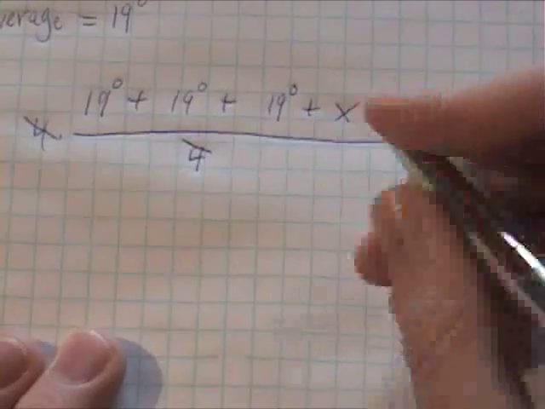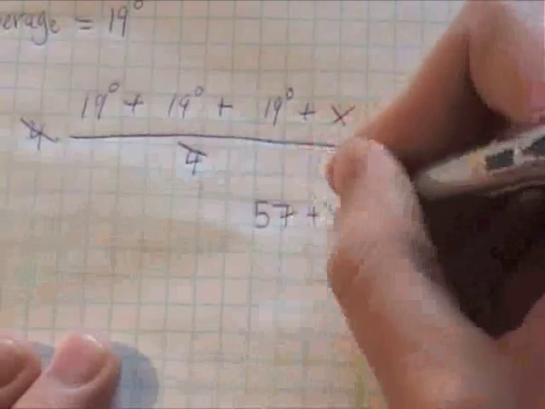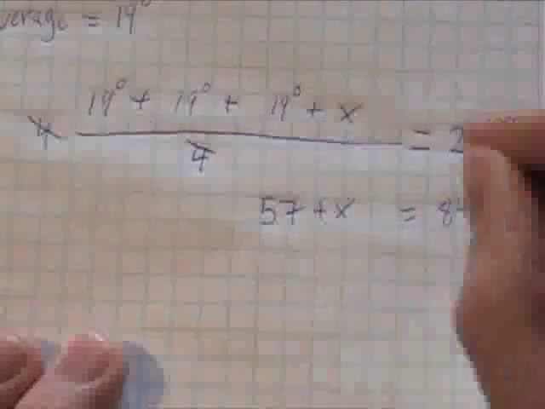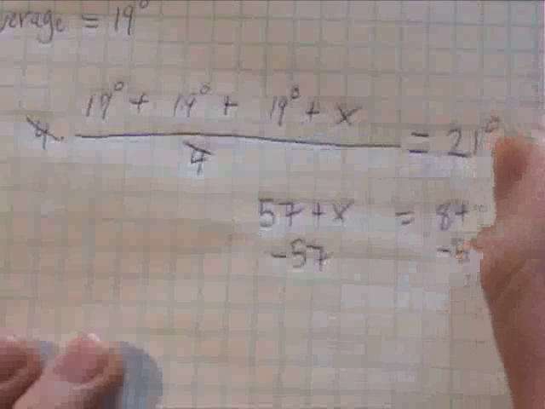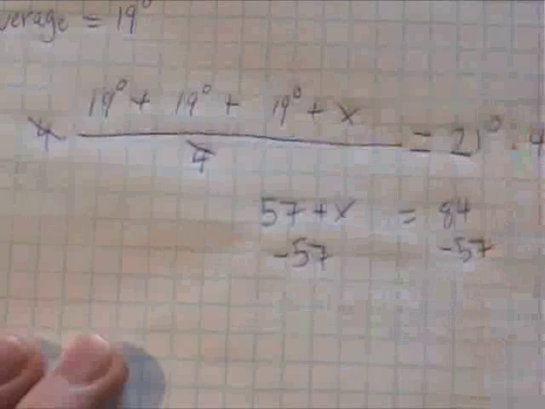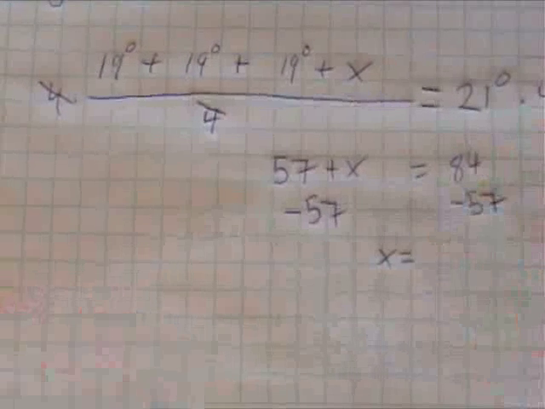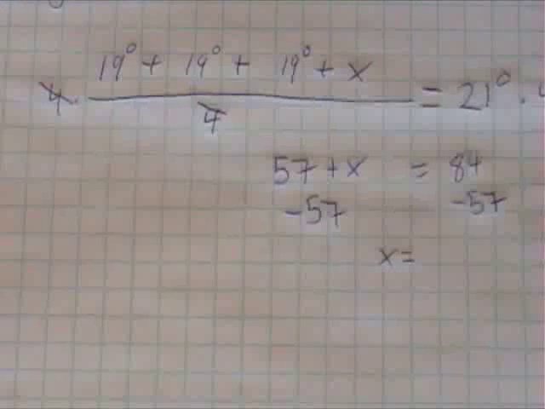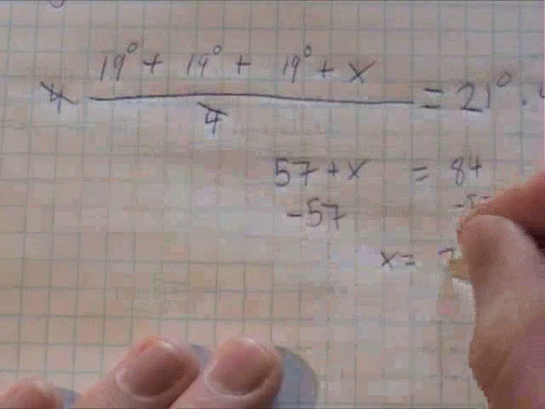Okay, 57. So 57 plus X equals 84. Subtract the 57 from each side. And X should equal 27.